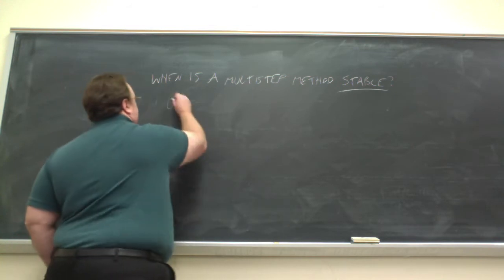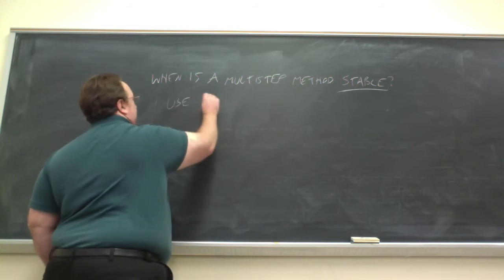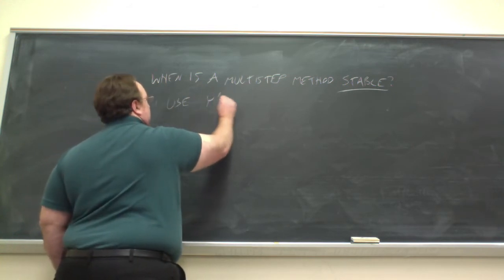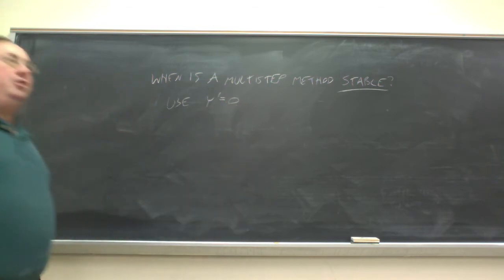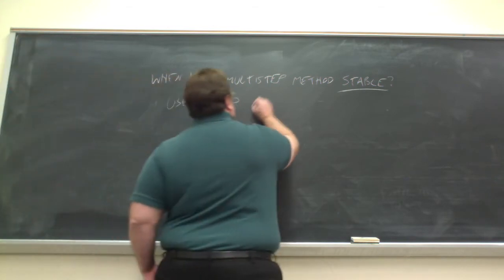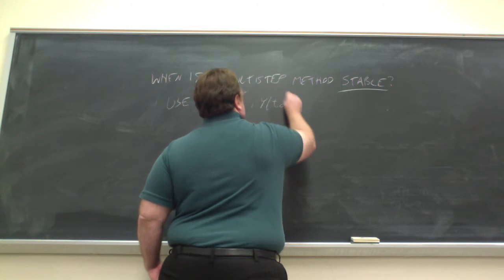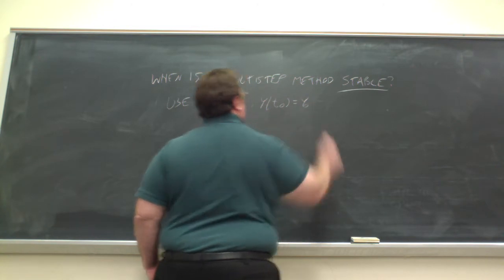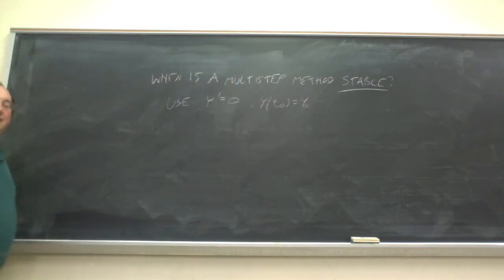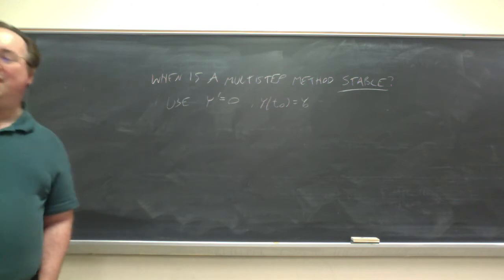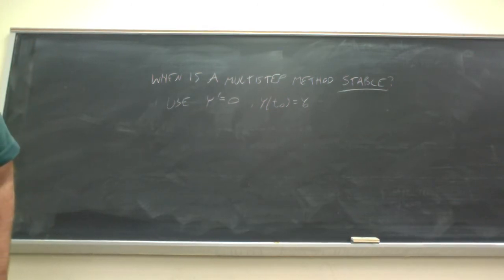For that we use the simplest differential equation of all. y prime is equal to 0. And you have an initial condition that y of t naught is equal to y naught. Now, what is the exact solution of this differential equation?